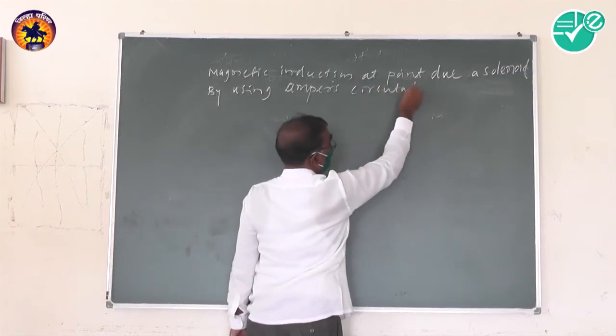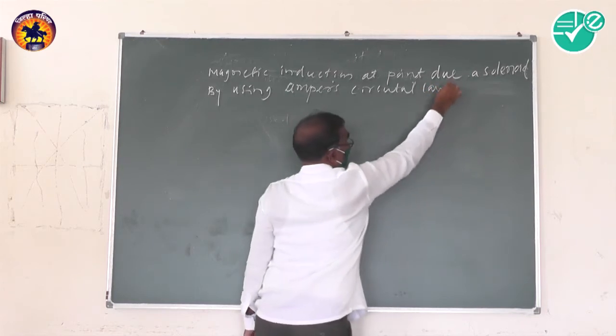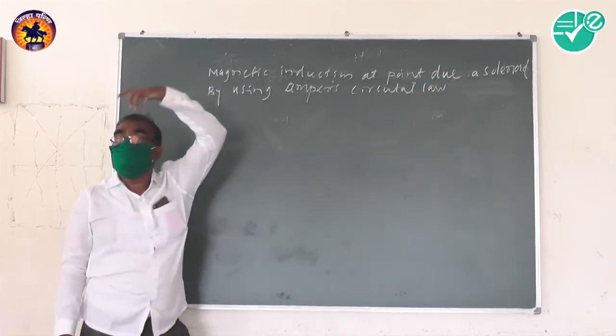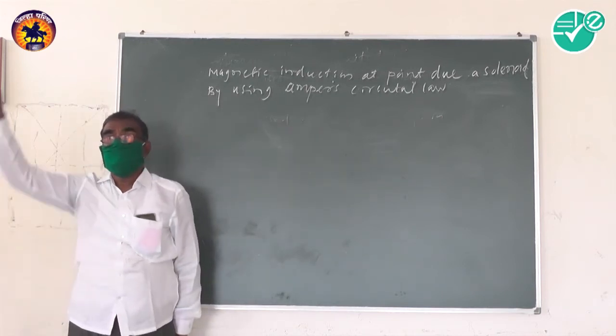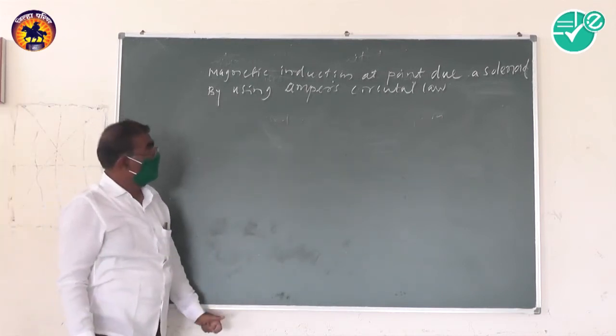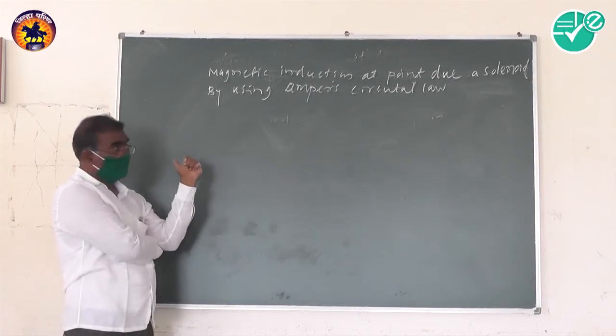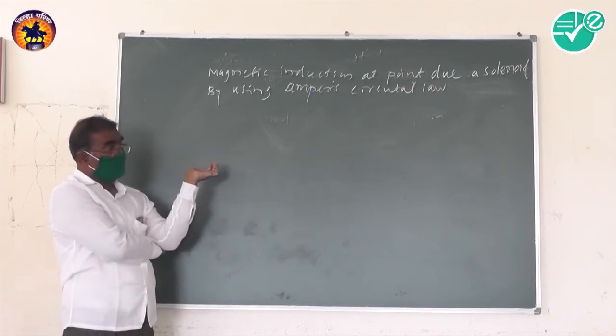That is the second application of Ampere's circuital law, to find the magnetic induction at a point due to a solenoid.